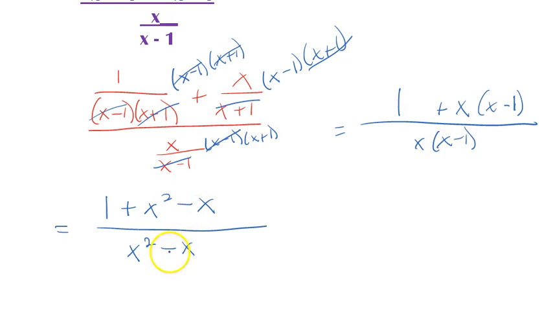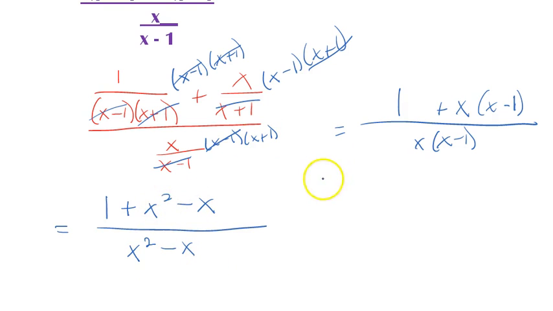You cannot cancel these x squared minus x's out because of the plus 1. And if you need an explanation on that, I can give you a further one if you'll just raise your hand. But pluses and minuses make it illegal to cancel that. So these just aren't quite the same, okay? And there's nothing that you can do to just make that happen the way you want it to.